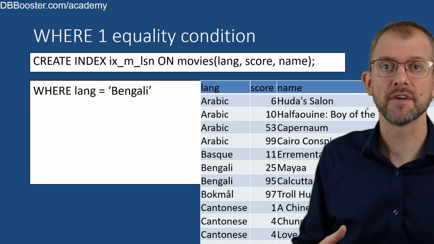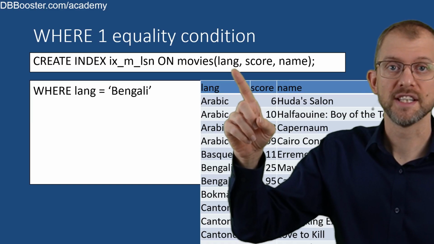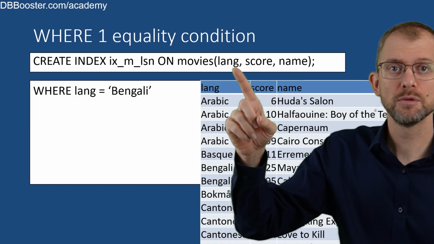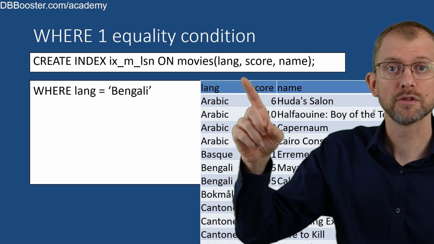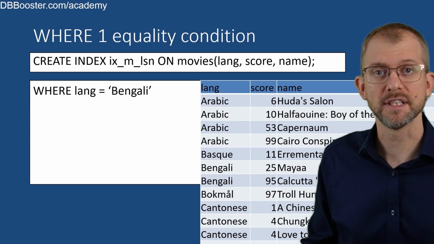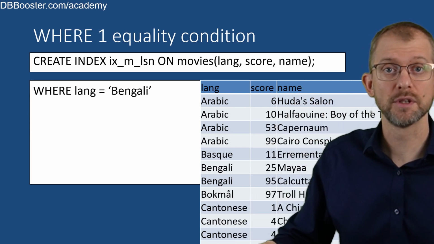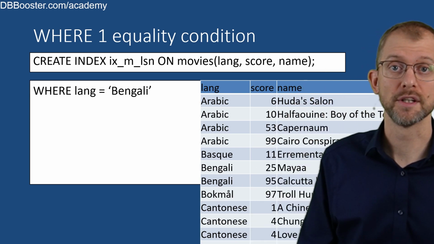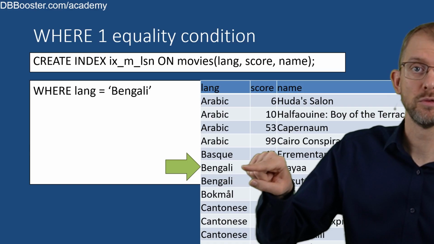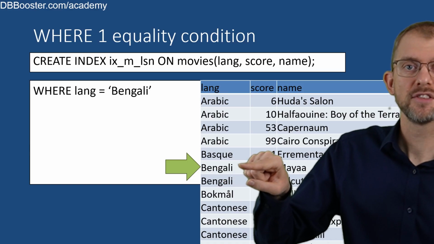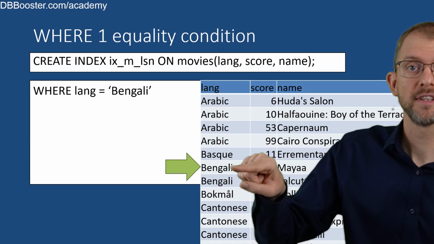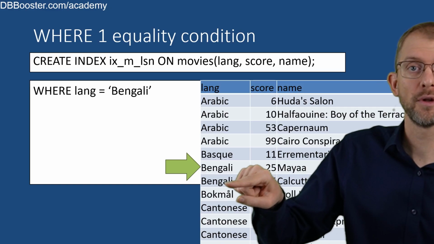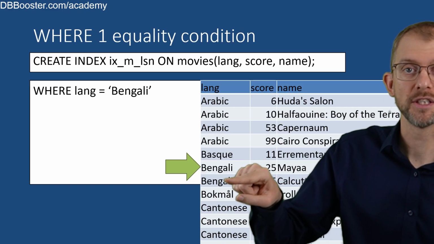Because language is the first column of the index, the database can use an index range scan, also called index seek. It traverses the tree to the first occurrence of the Bengali movie, and then the scan phase reads the next Bengali rows that follow in the leaf pages.